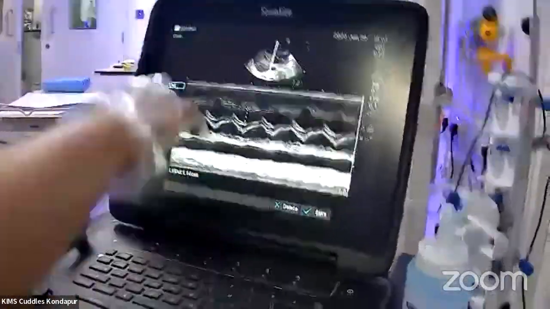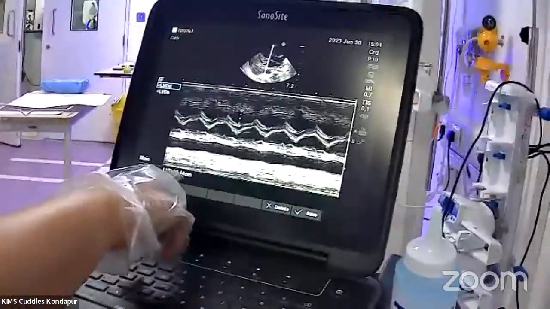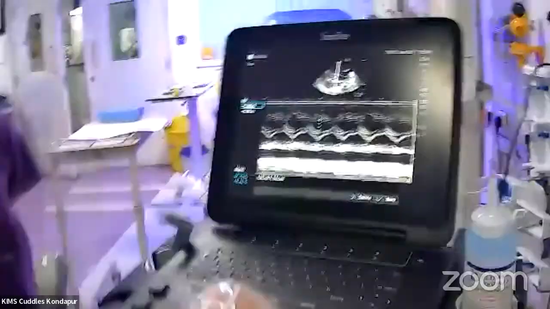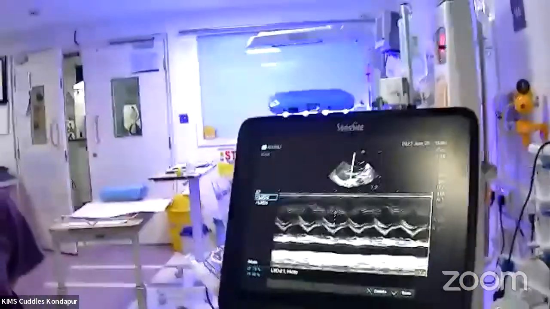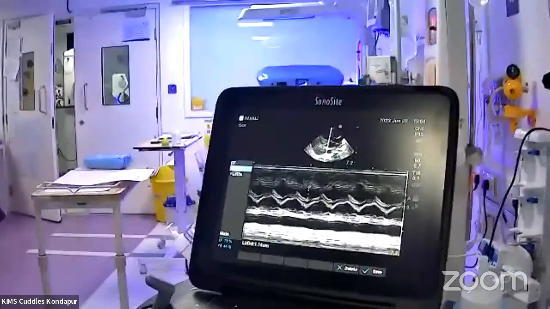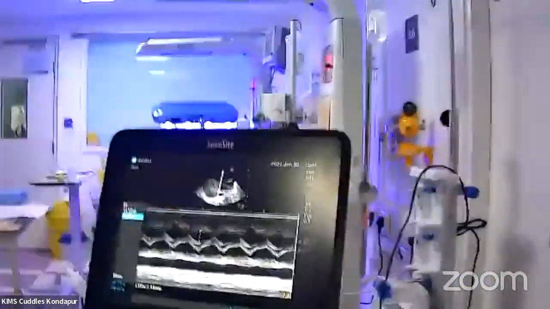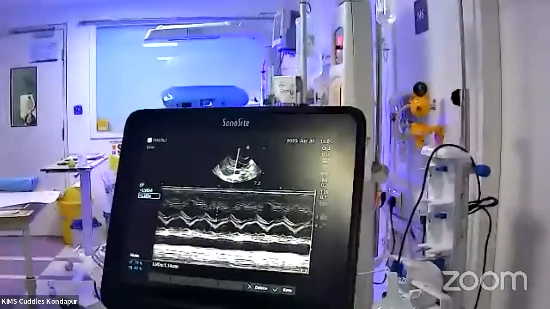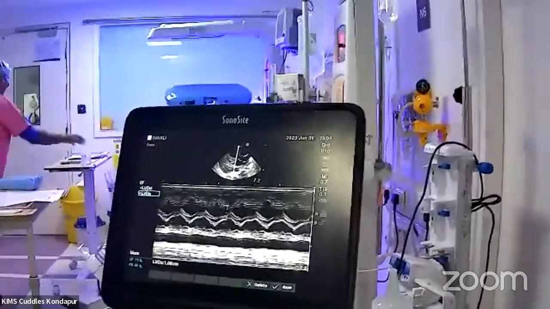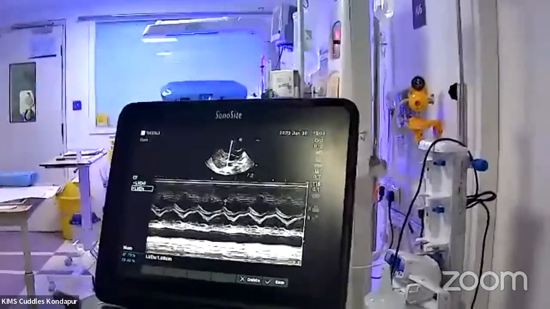We'll have to physically remember this because it's not calculating now. It's 1.14 centimeters. And during systole, let's say here, it's actually quite narrow.